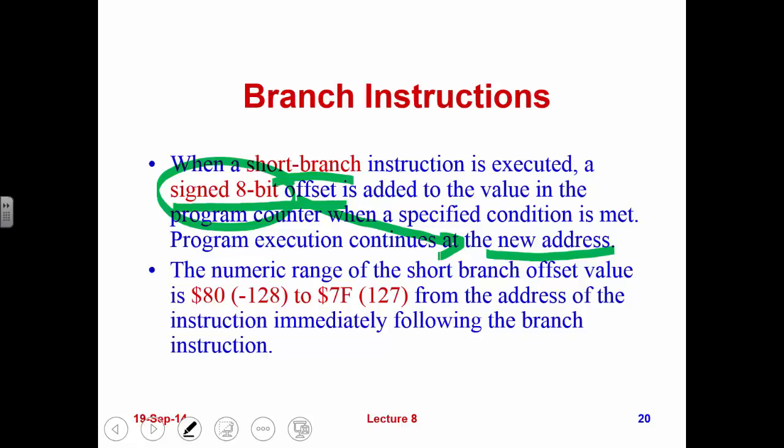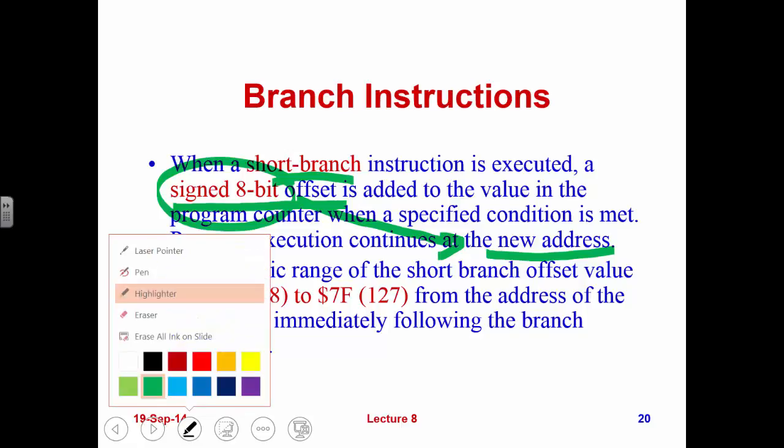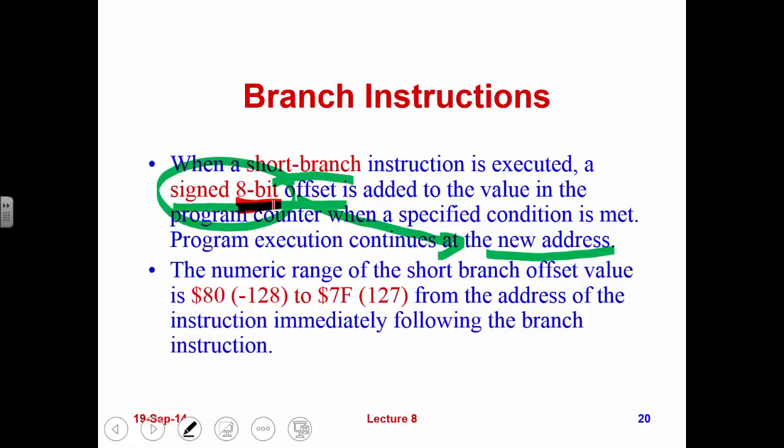For short branch, the new location should be quite close to here. So the offset value is only 8 bits, but it's signed. So the leftmost bit is a sign bit. In this case, when we convert this signed offset value to decimal, the range is from -128 to +127.